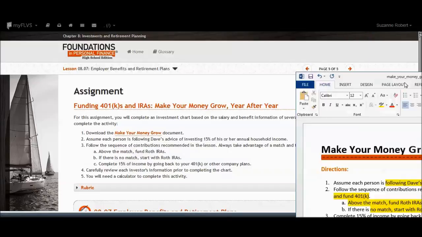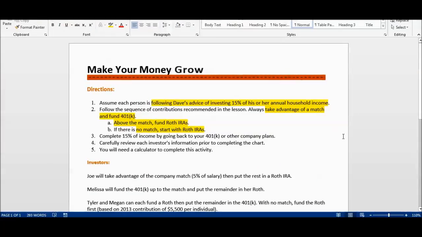I have already downloaded this. This is the document that you're going to fill out, save, and then attach to submit for 8.07. I've highlighted a few reminders here. Dave Ramsey advises to invest 15% of the annual household income, and also to take advantage of a match and fund 401ks first.